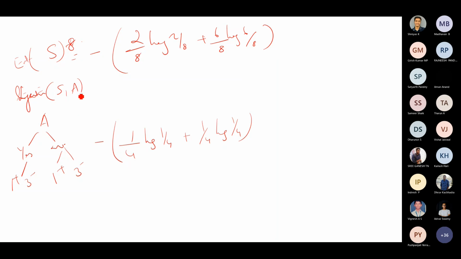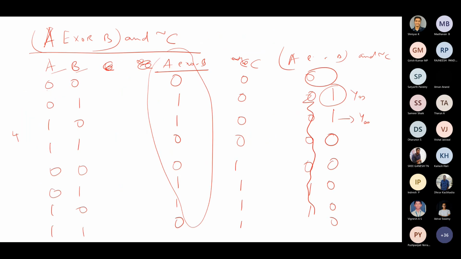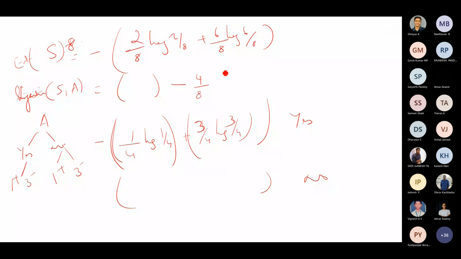So that is the gain of, yeah, 1 by 4 into log 1 by 4 plus 3 by 4 into log 3 by 4. So this is with respect to yes, and this is with respect to no also. And then for gain, you have to compute this as the overall entropy value minus 4 by 8 of this value minus 4 by 8 of this value.